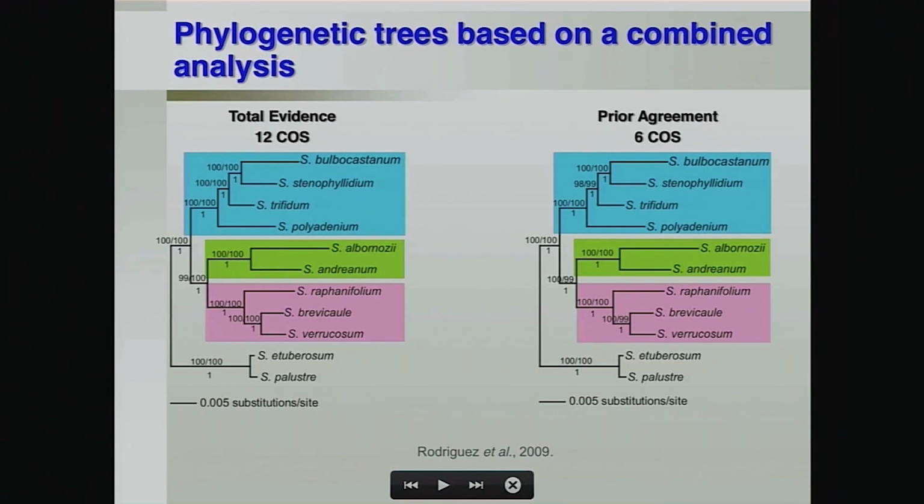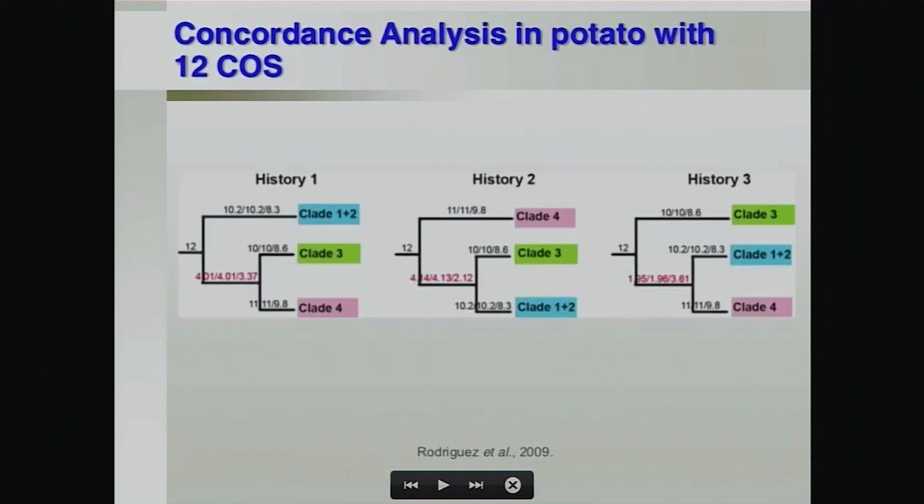If you see here, you will say, oh, 100%, very well resolved. That's the only one history. Okay? Then, when we ran the concordance analysis, we saw that we got 3 different histories. That one is like the one before, with the total evidence, and we got the other 2.